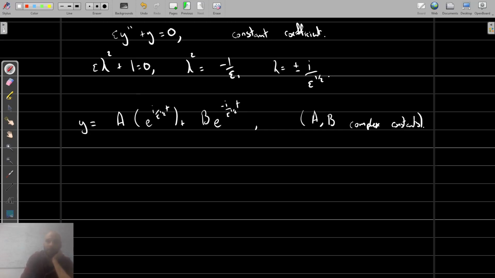But there is a nice trick, and it relates to Euler's formula, which I think we said was this previously.